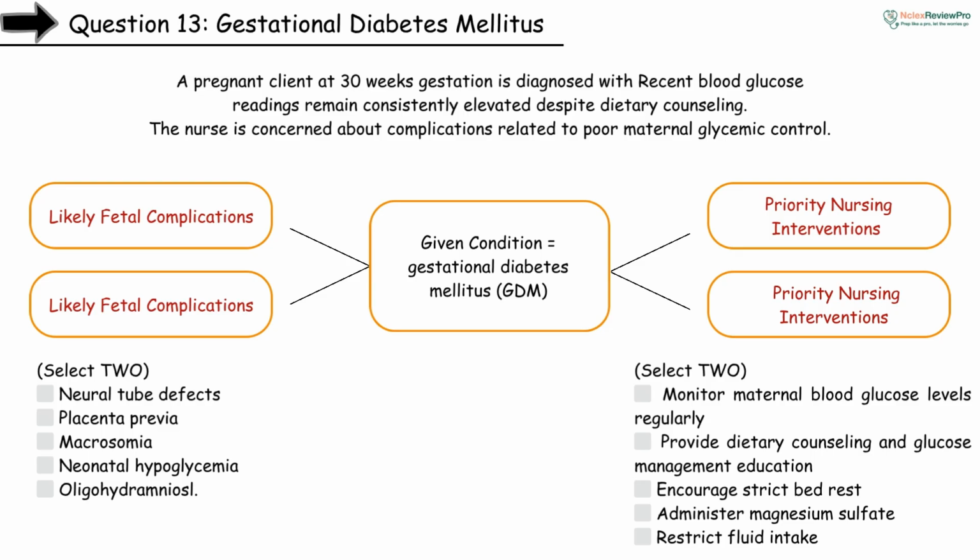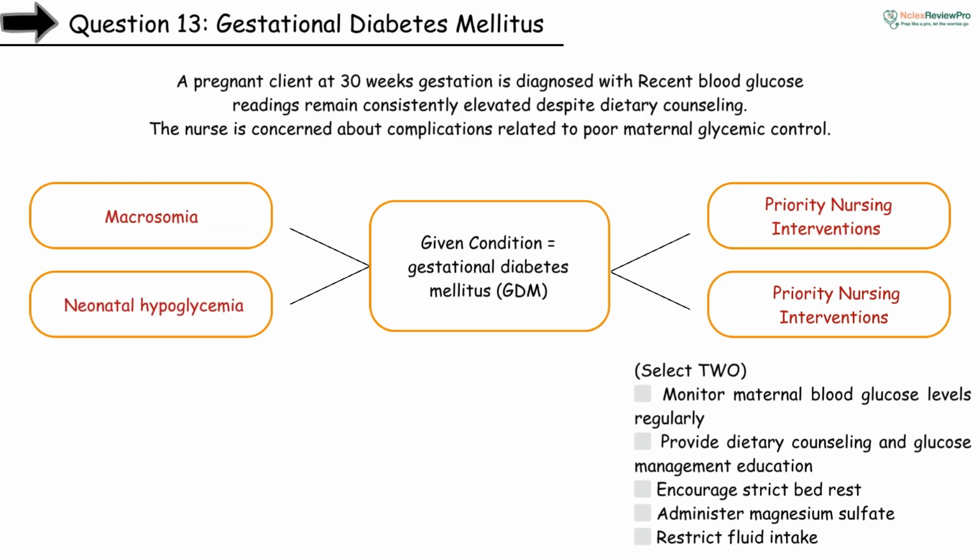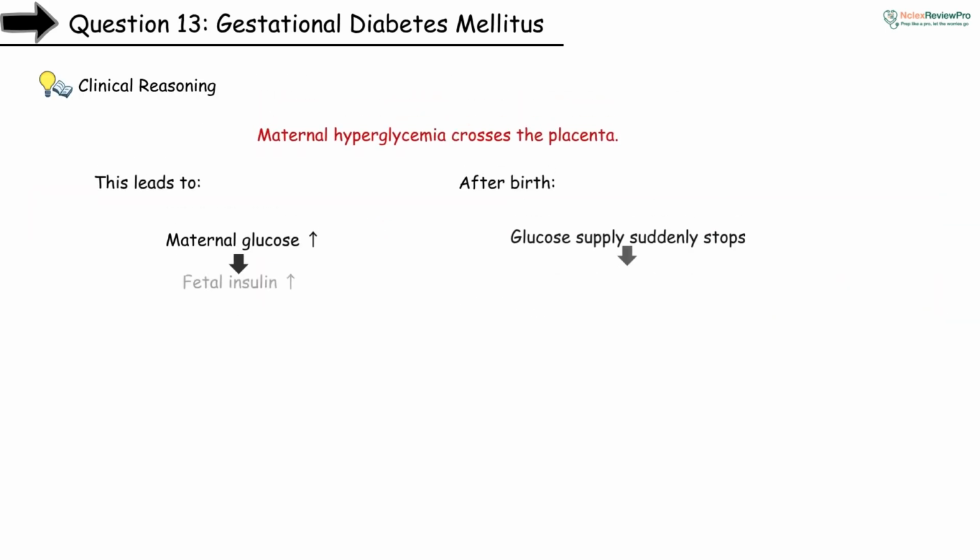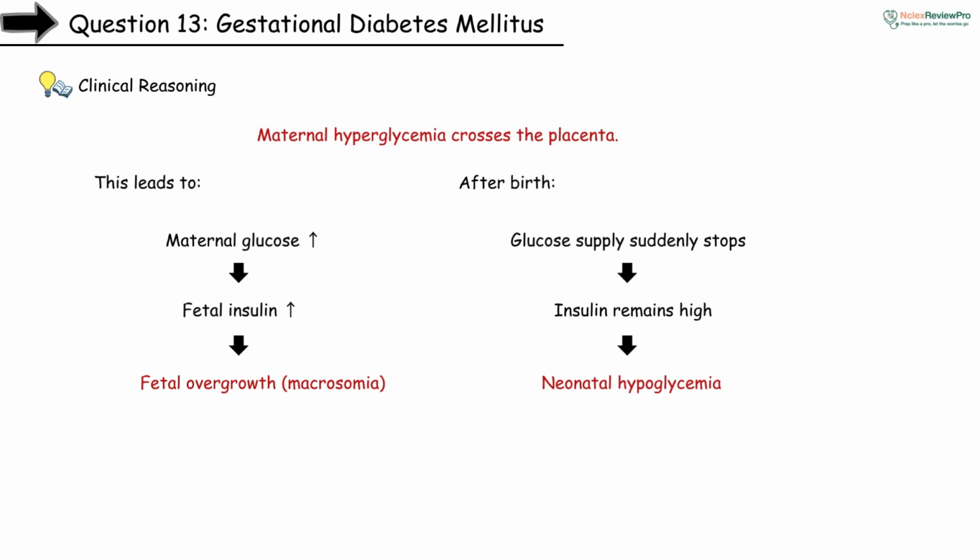The correct answers on the left side, fetal complications, are macrosomia and neonatal hypoglycemia. Let's break down why. When maternal blood glucose is high, that glucose crosses the placenta, so the fetus is exposed to elevated glucose levels. In response, the fetus produces more insulin.